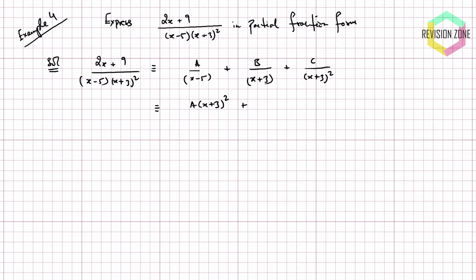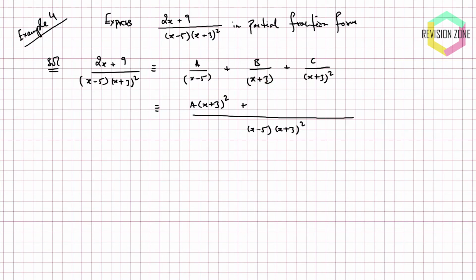And of course, why have I done that? Because the minute I multiply top and bottom of a over x minus 5 by x plus 3 all squared, the denominator is just going to be x minus 5 times x plus 3 all squared, right?